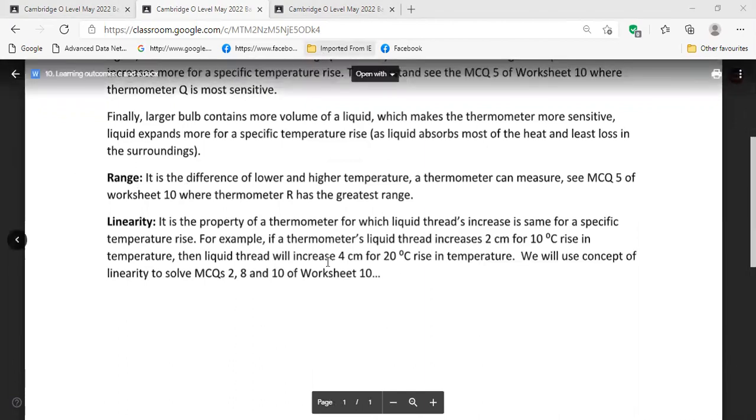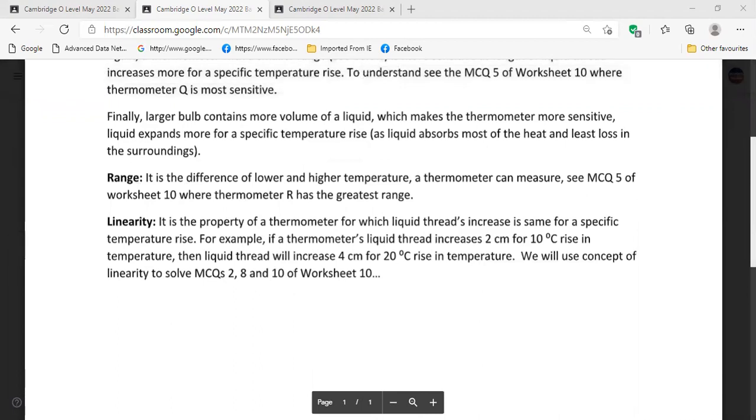Write this heading, then range. It is the difference of... this line is better. You can write in bracket MCQ 5, worksheet 10. You already saw it and we explained what range is over there.